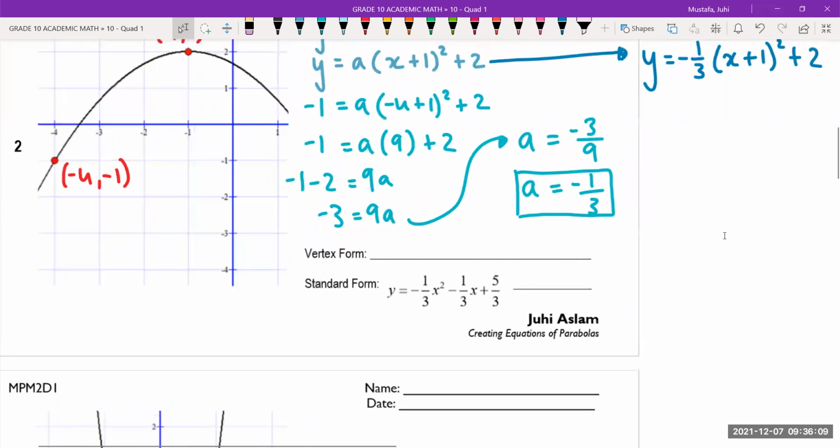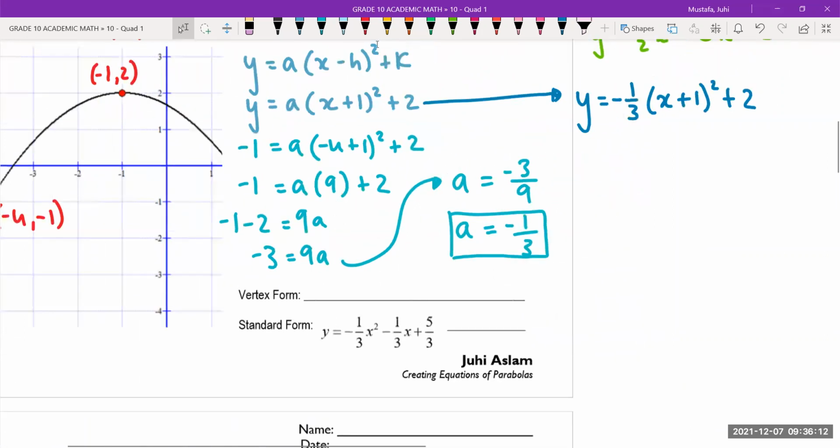Let me try it. Let's see if there's a mistake in the answer. Okay, so I would do -1 over 3 (x squared plus 2x plus 1) plus 2.